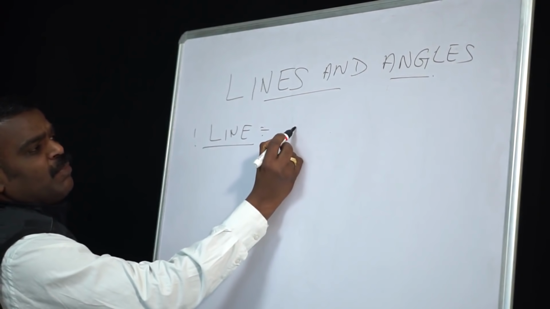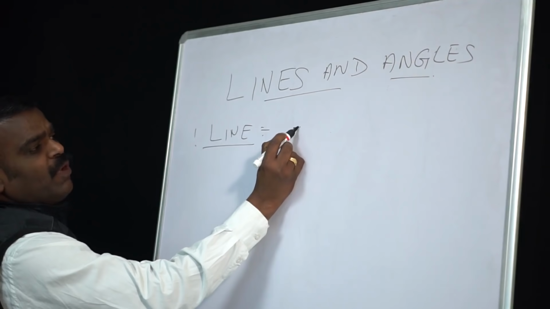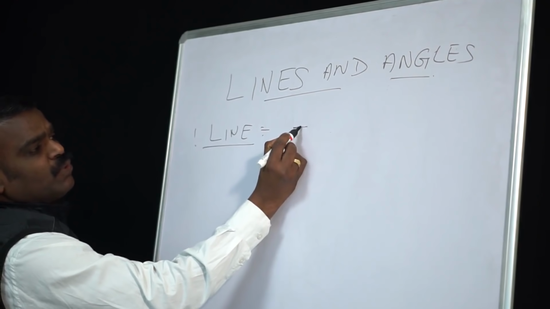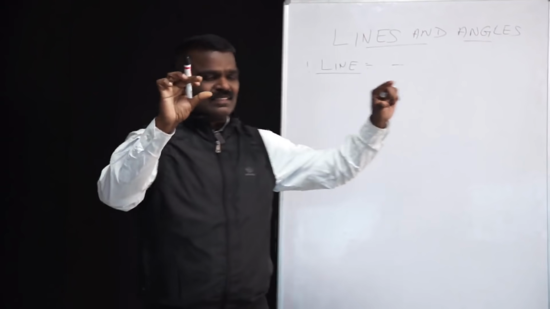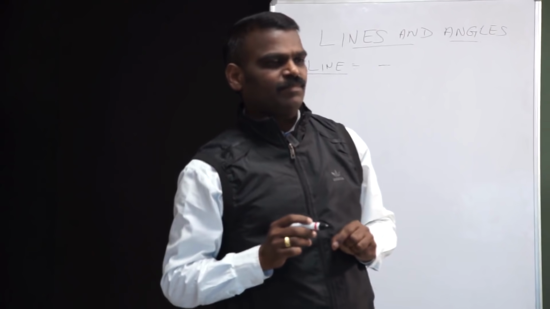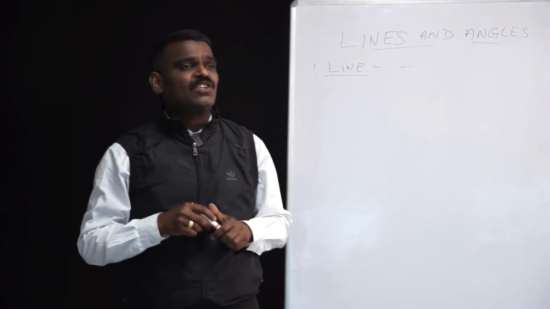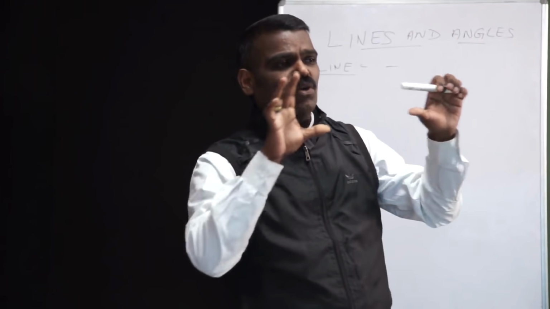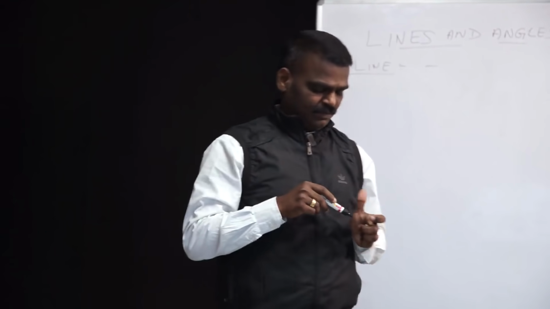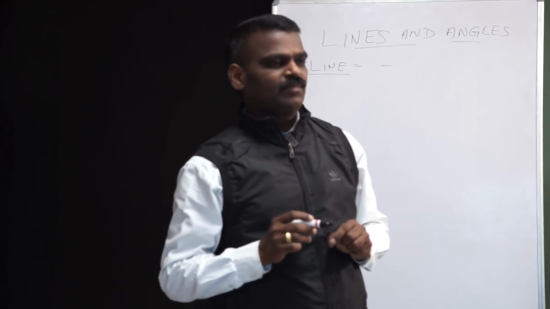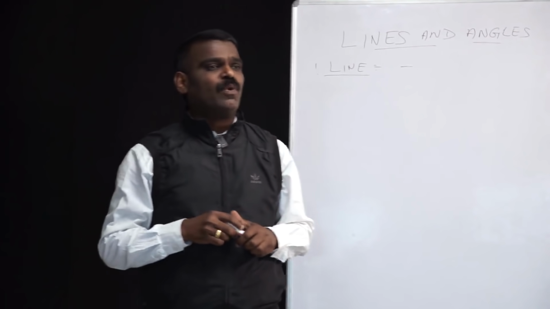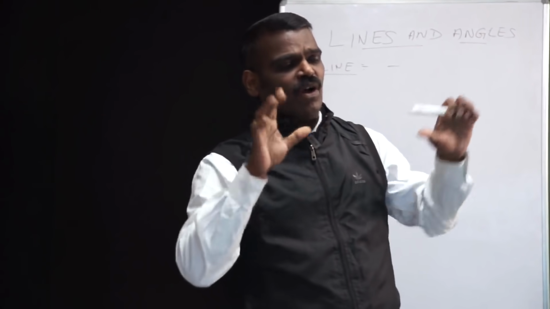I will put another point, another point, another point. When I put them together, they form a figure called something like line. So line is a collection of points which are arranged in a particular order.